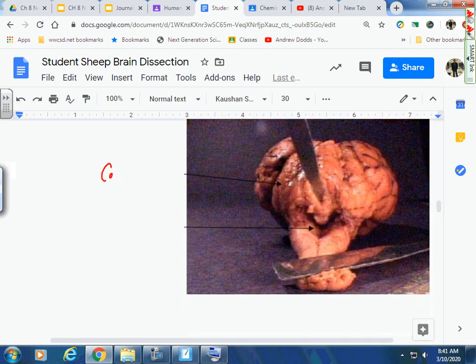So this is cerebellum, fourth ventricle.